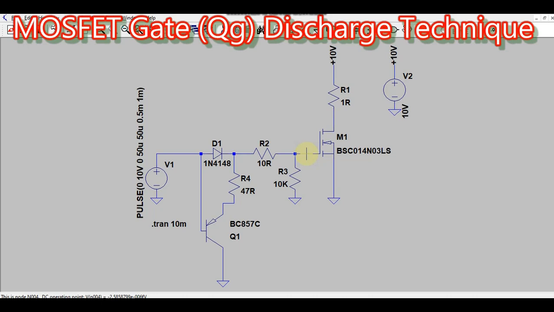The capacitance gets charged up to the peak value, that is 10 volts, during the T on of the pulse. Once this capacitor is fully charged, you can see there is 10 volt across the MOSFET gate to source, and 10 volt at the diode cathode, and here you can see when the pulse is off.